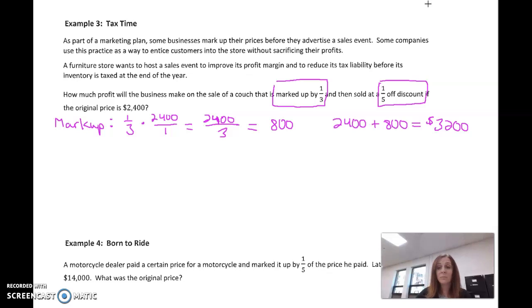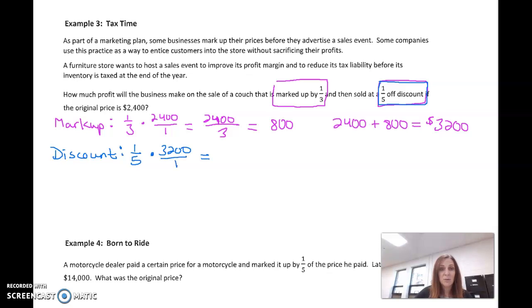Excuse me. So now that's the price they're selling to you for, $3,200, except now they're going to do a discount. Now they're going to take 1/5 off of that. So here comes the discount. We're now going to take 1/5 of the selling price, $3,200.